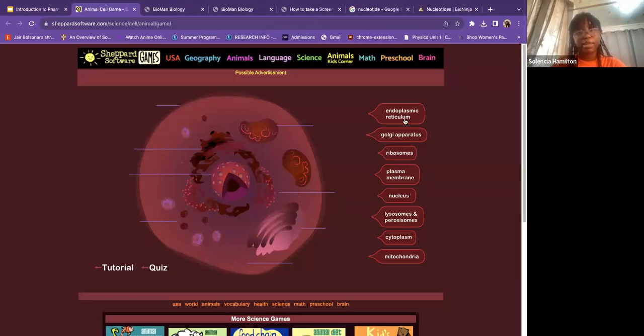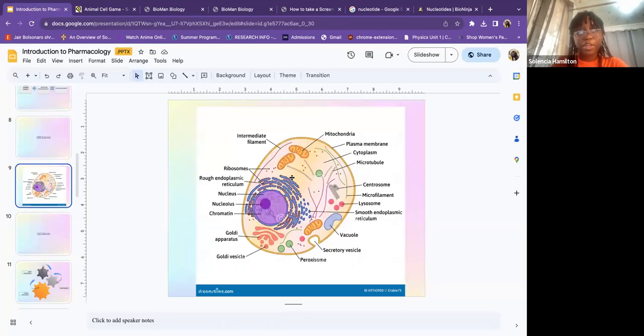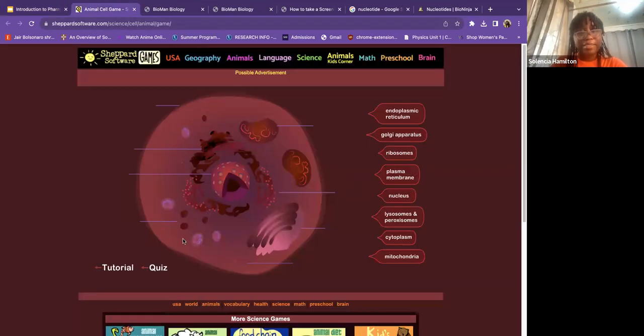Okay, so endoplasmic reticulum surrounds the nucleus. So let's identify the nucleus first. So the nucleus in this picture, it's circular in structure and of course surrounded by some random scribbly things. So when you look at this picture, what do you think the nucleus is? We're looking for like a central circular structure.